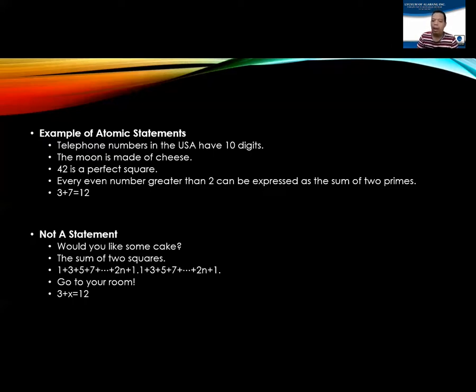This can be expressed as the sum of 2 primes. So we have to verify: 4 is an even number greater than 2. So we can get 4 by adding 2 plus 2. 2 is a prime number.